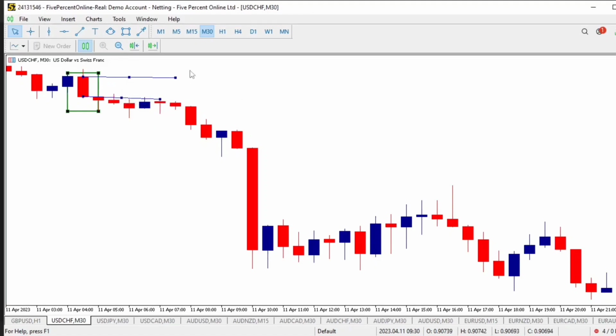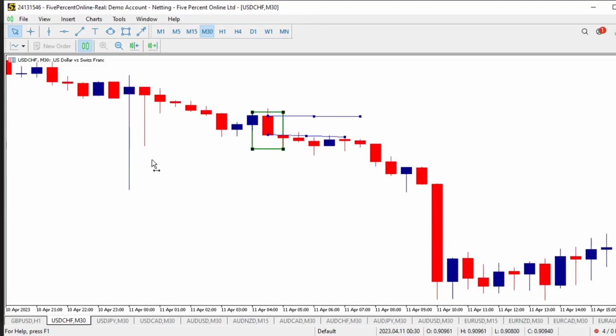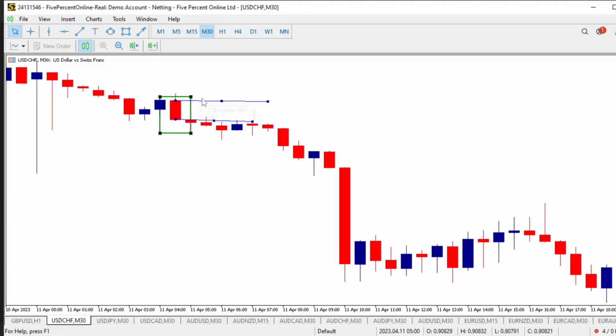Where the market closes from, that is where the next candlestick will open from. I believe you understand the concept. Now this market closed at this level.